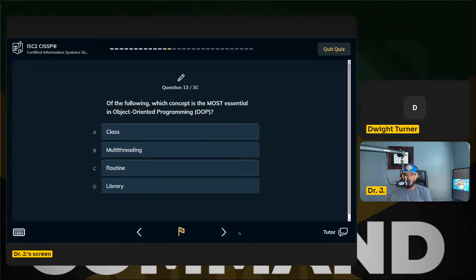All right. Of the following, which concept is the most essential in object oriented programming? I believe it's class. Most essential.